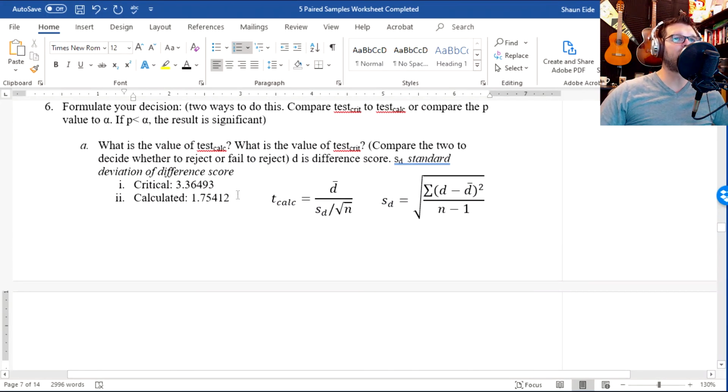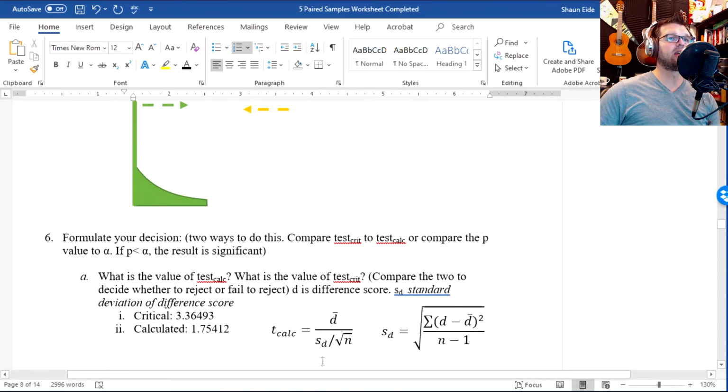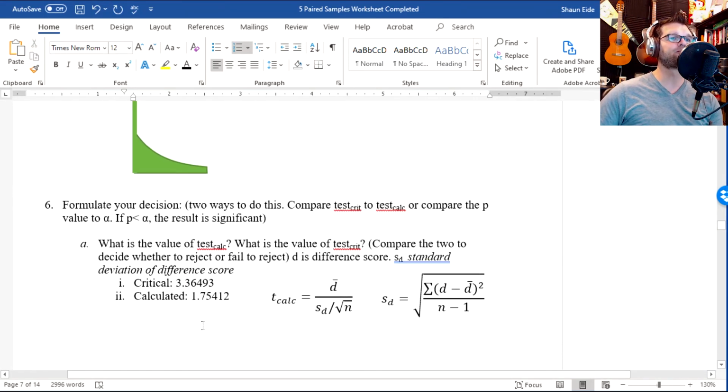And because we have that alpha of 0.01, even though the probability of this occurring just by chance is less than 7%, we are comparing the alpha to the p-value, and we can determine that the results are not statistically significant, and also comparing the calculated value, the t-calc, to the t-crit right here.